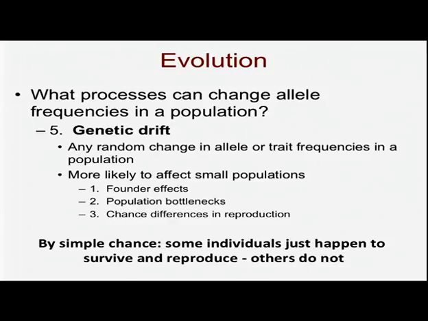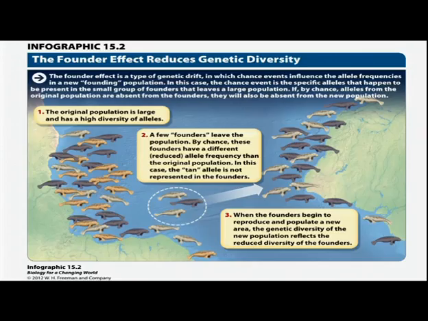It doesn't matter if you have a great adaptation. If there's some sort of founder effect in a population, you're going to get a different set of alleles that survive. So I'm going to give examples of these, and then I think it'll be easier to understand. But all three of those are genetic drift. So that's like its big umbrella term. The three ways genetic drift can happen are founder effect, bottleneck, or just some crazy chance in reproduction.